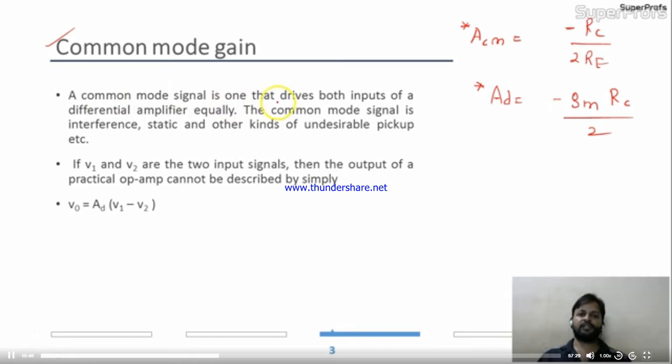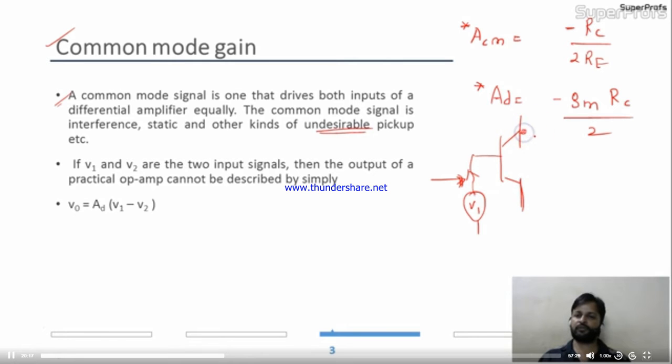A common mode signal is one that drives both inputs of a differential amplifier equally. The common mode signal is interference, static and other kinds of undesirable pickup. Common mode means, suppose you apply V1 into the circuit, but some offset or errors, undesirable pickups, are also coming into the picture.